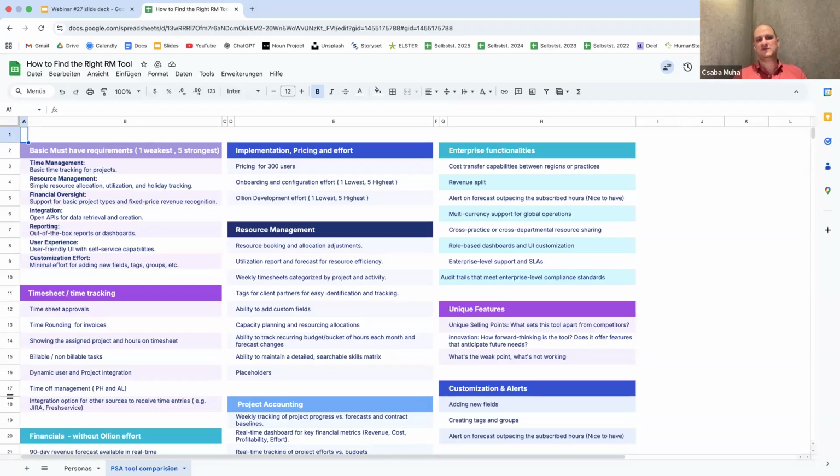However, we had a few very critical must-haves, which for us were revenue recognition, time entries, ease of use, no training required, and real-time project level and portfolio level financial insights.